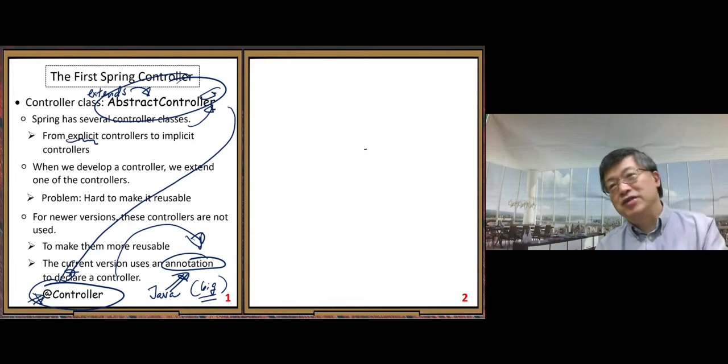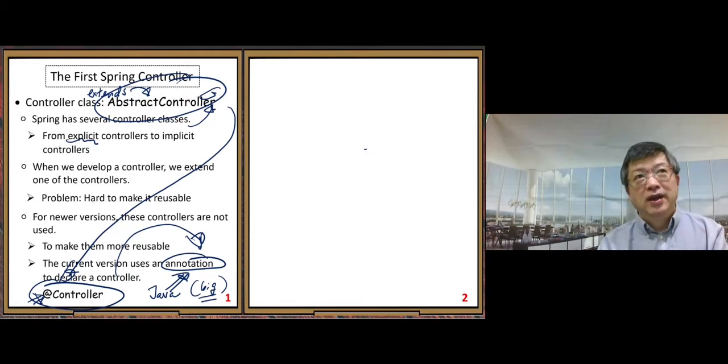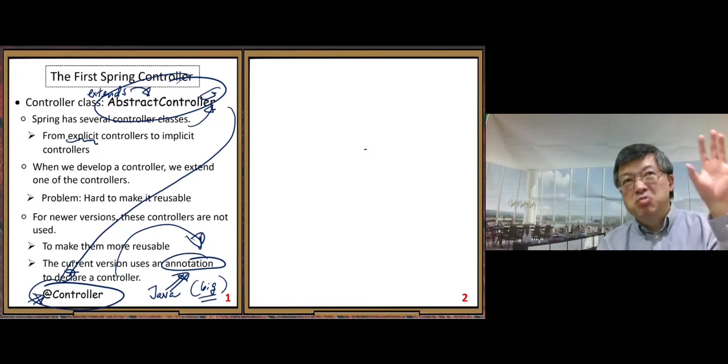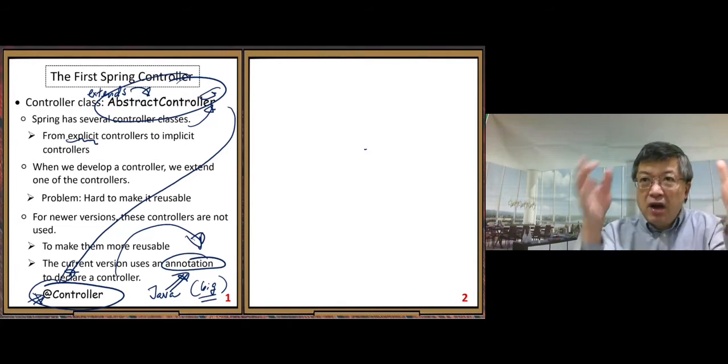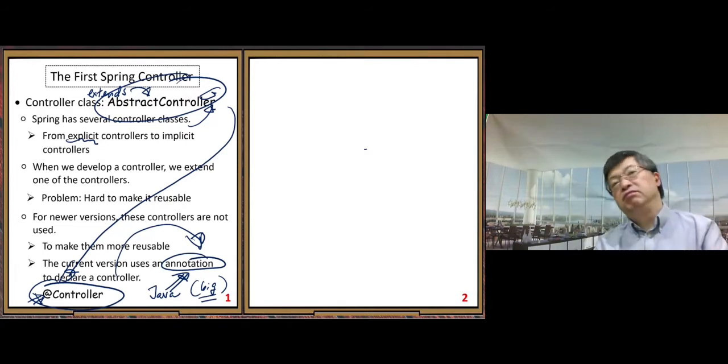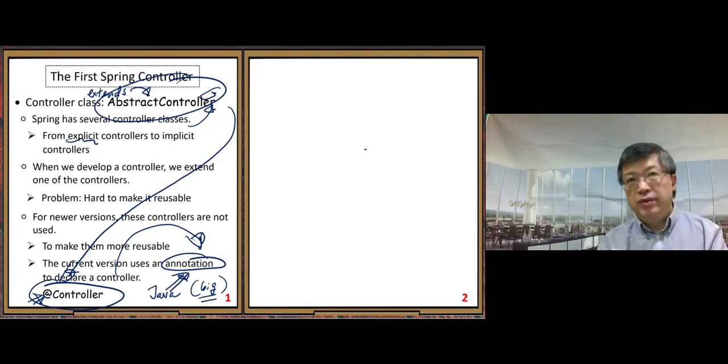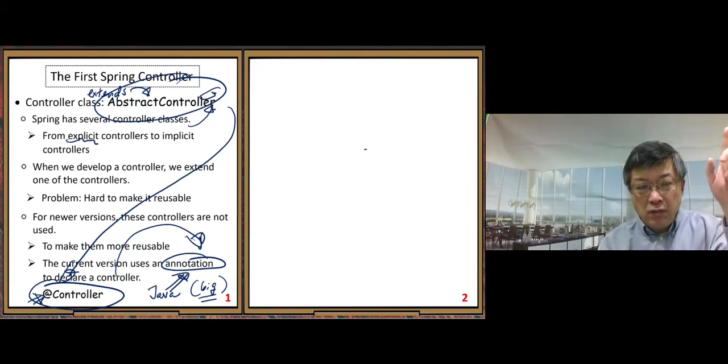Yeah, that's right. You have to put some special tags there to make the container process your Java classes in a special way. So we will talk about that a lot more later.